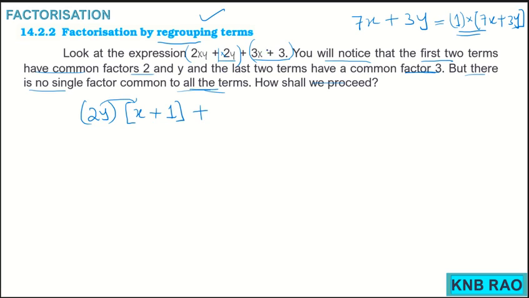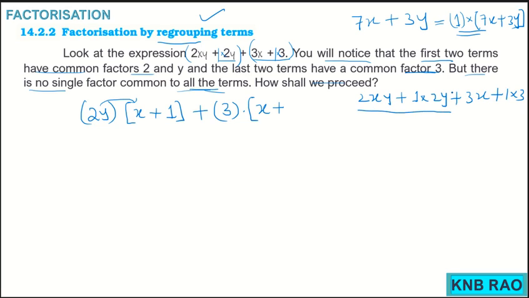Similarly, in the last two terms, that is 3x and 3y, if I take 3 common out, I am left with x plus, and there is nothing, so I will write 3 as 3 into 1. So I am writing the given algebraic expression as 2xy plus 1 into 2y plus 3x plus 1 into 3.